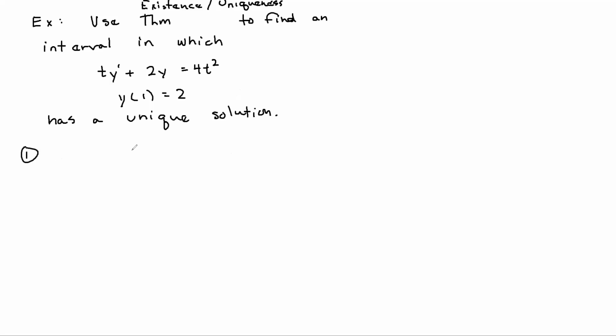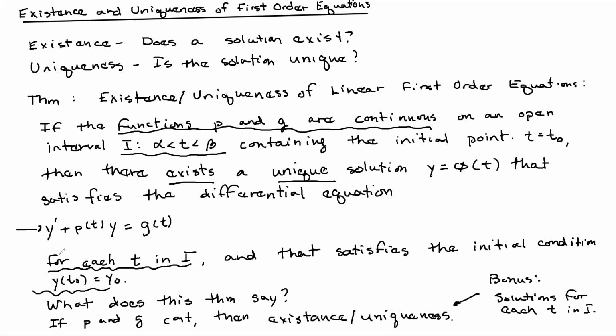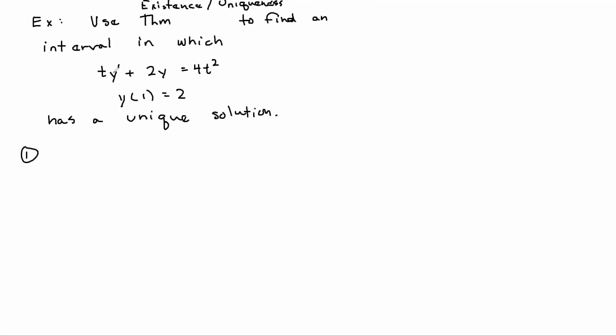The first step is to get the differential equation into the proper format. If you go back to the theorem, it has to look like this. You need to move things around until it looks like that. The y prime is by itself, so you need to divide by t on both sides. We end up getting y prime plus 2 over t y equals 4t.